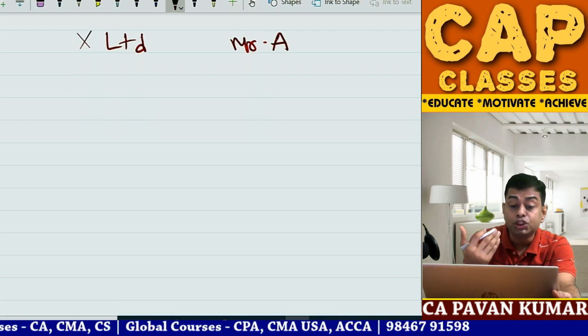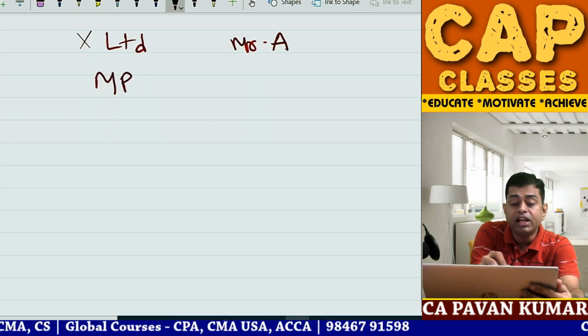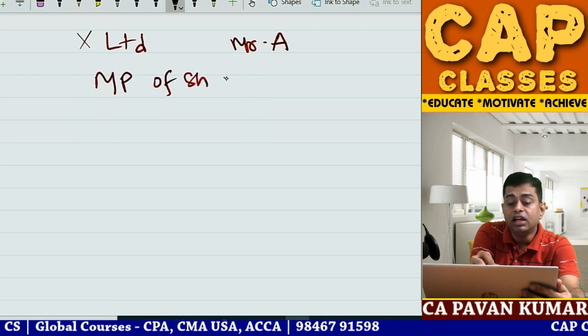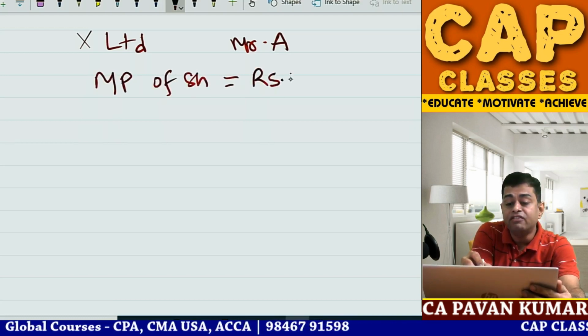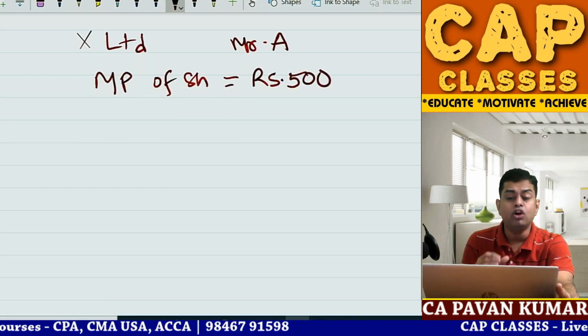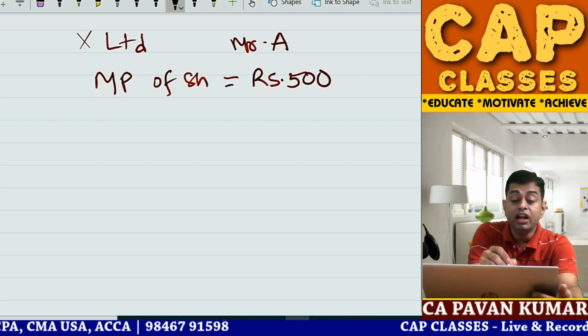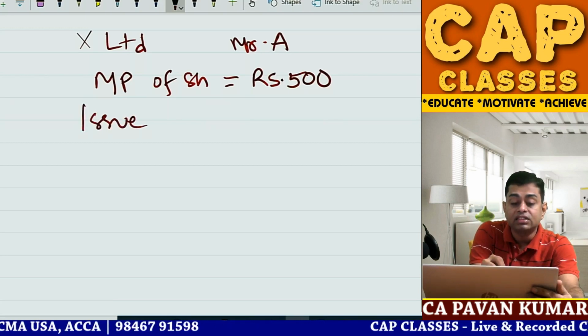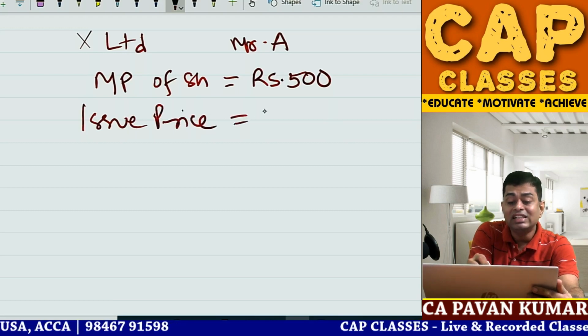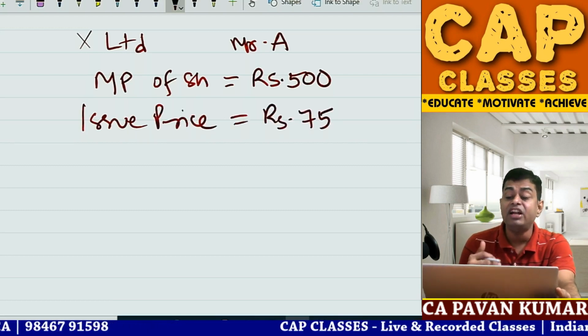We are issuing share to you. Our company's market price of share is rupees 500. But because we love you so much, because you have been working very hard in our company, we will issue shares at 75 rupees to you.